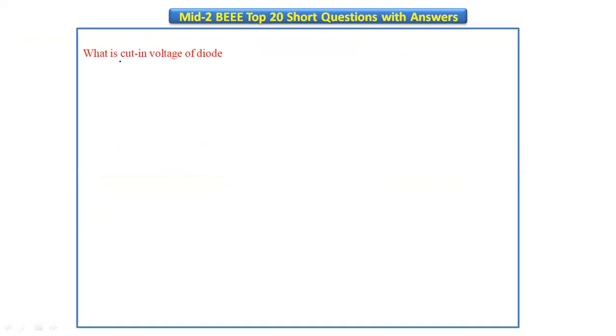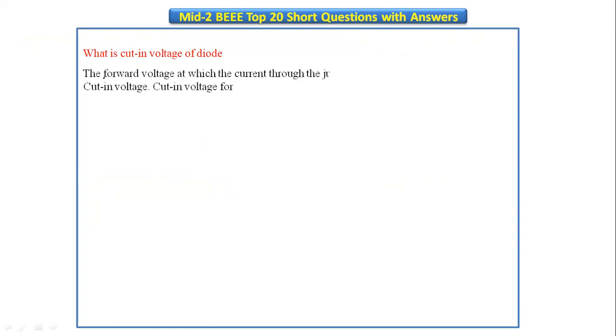Next one is, what is cut-in voltage of the diode? The forward voltage at which the current through the junction starts increasing is called the cut-in voltage. Cut-in voltage for silicon is 0.7 volts, while for germanium it is 0.3 volts.